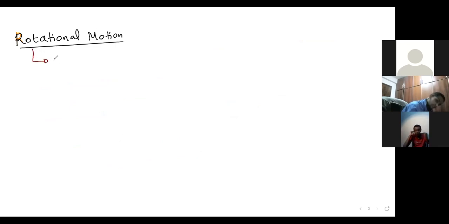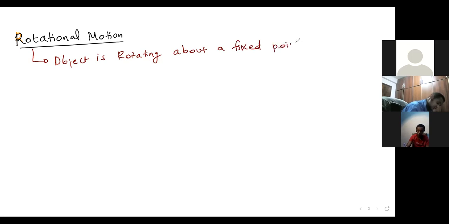Rotational motion basically means the object is rotating about a fixed point or a fixed axis, correct? Are you understanding this? It means the object is rotating.